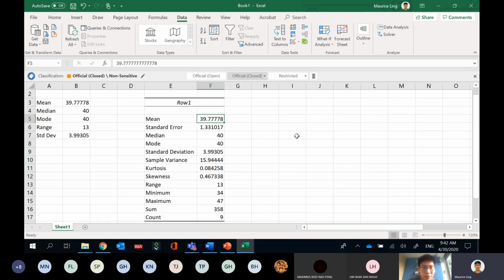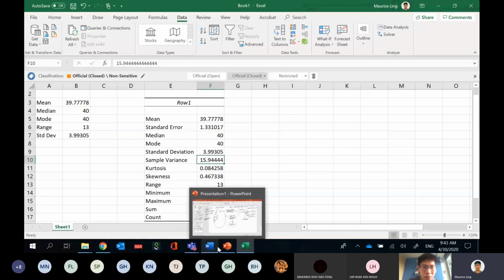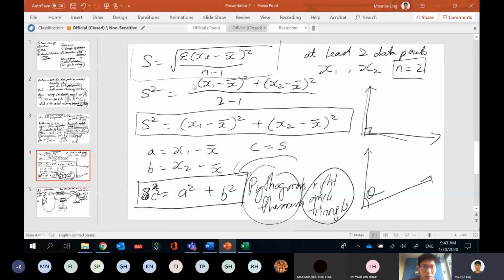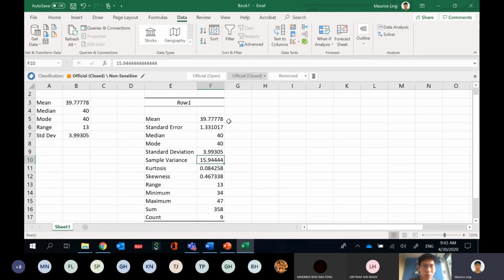Okay, it basically tells me everything I want to know. I have my mean, which is the average, standard error, median, mode, standard deviation. Variance is just the square of standard deviation. S squared means variance already.